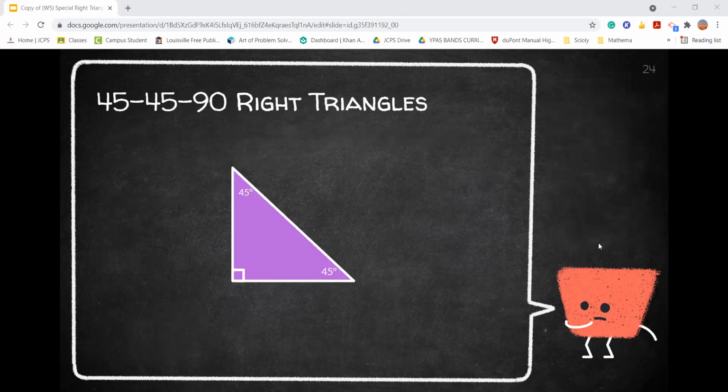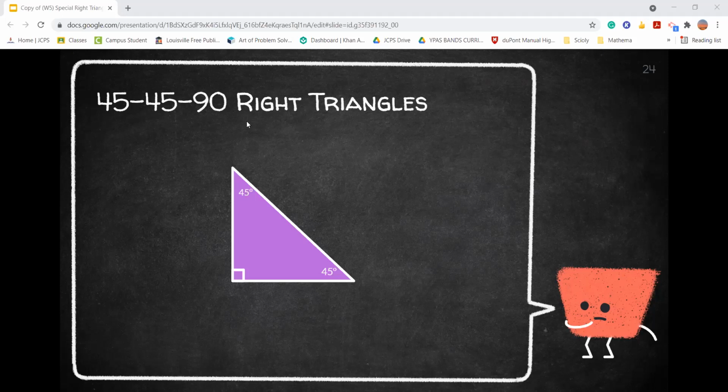Now we're just going to go over some special right triangles. So this one is called a 45, 45, 90 right triangle. It's such a creative name, right? That's because the 45, 45, and 90 are just the angle measures, like you can see on the screen.